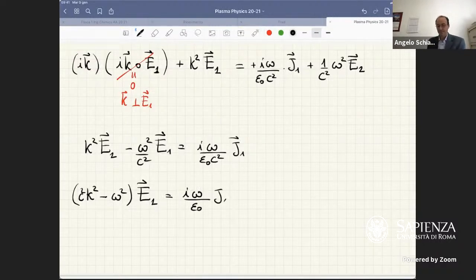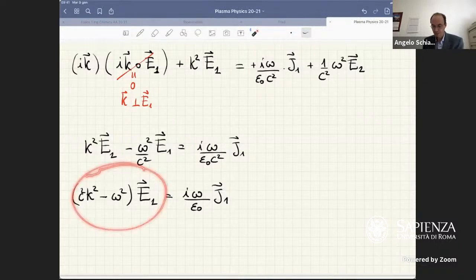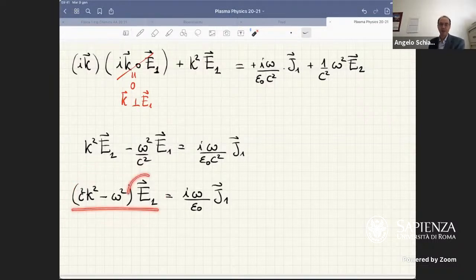Now you see that we have a part that is linked to the electric field, and on the right-hand side we have the plasma presence. Before moving into a plasma, and substituting the relation that links J1 to the electric field in the plasma via the resistivity, via the friction force due to the collisions, let's suppose to be in vacuum and see what we get.